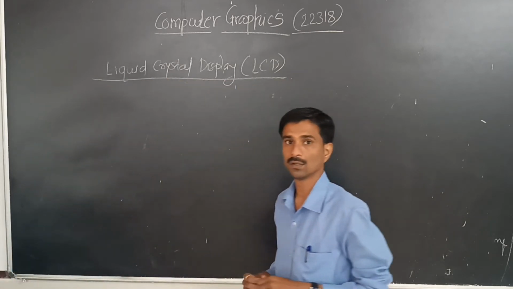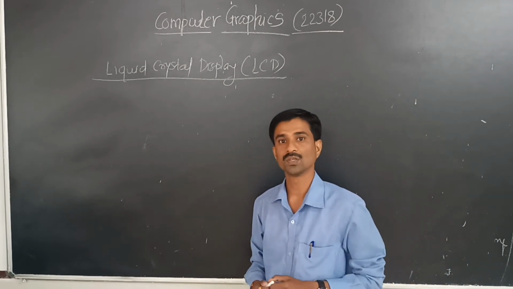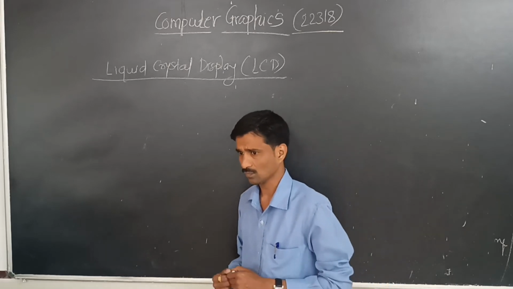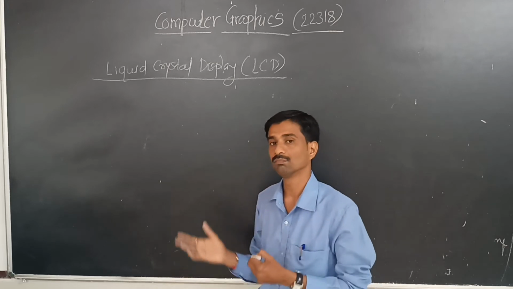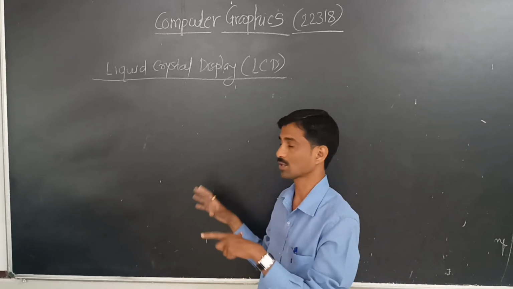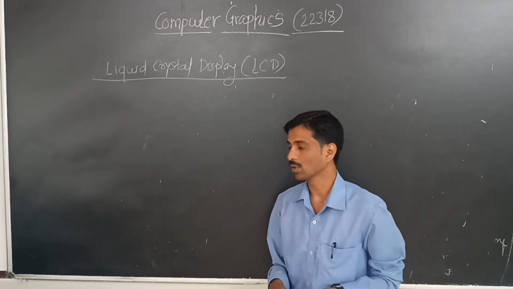Today we will see the next display device, LCD. This is an example of non-emissive display. So we will see how it works, or what is the construction used for the LCD.